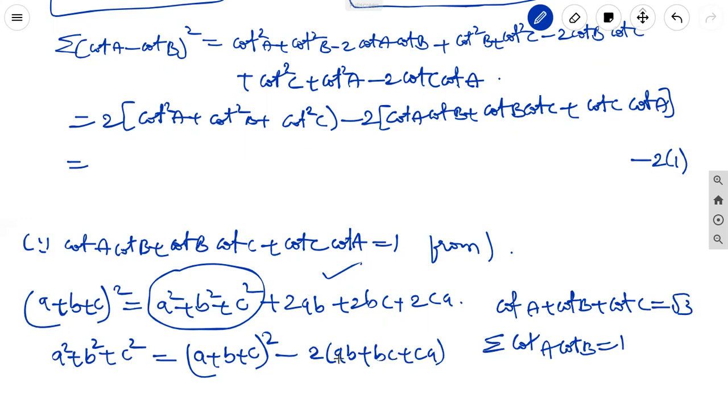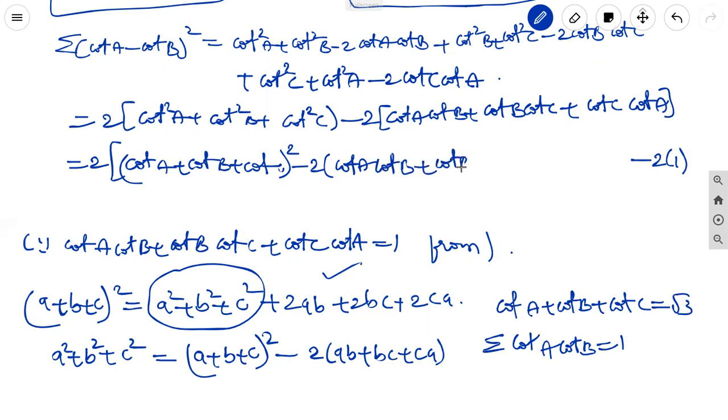Then we can apply in this relation: it can be 2 into (cot A plus cot B plus cot C) whole square minus 2 of (cot A cot B plus cot B cot C plus cot C cot A), and this is equal to 1.